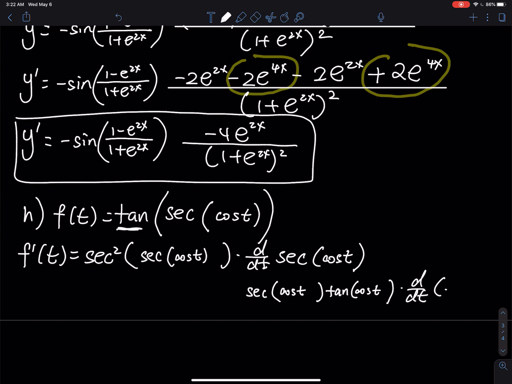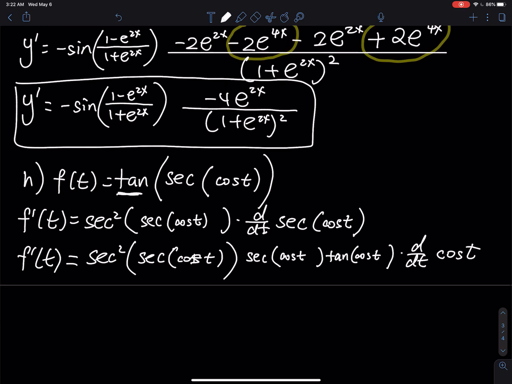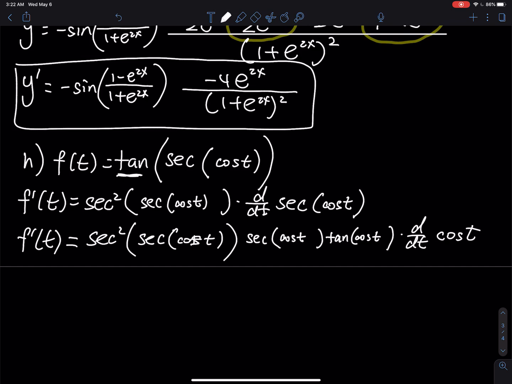So this is our second chain rule, right? So 2 times cosine t, and then don't forget that we have to copy everything else. Cosine t. All right, so the derivative of cosine is negative sine t, right? And then you can put everything together.